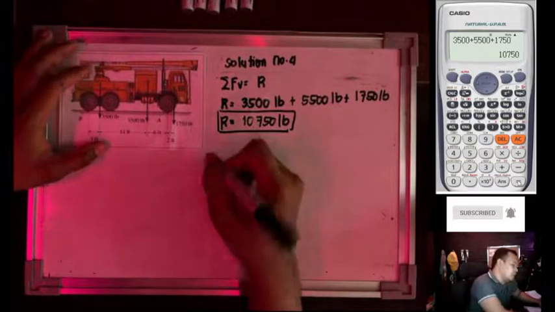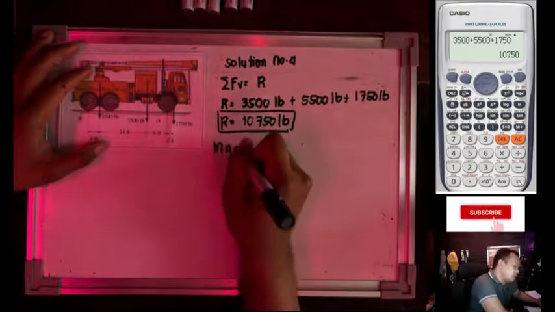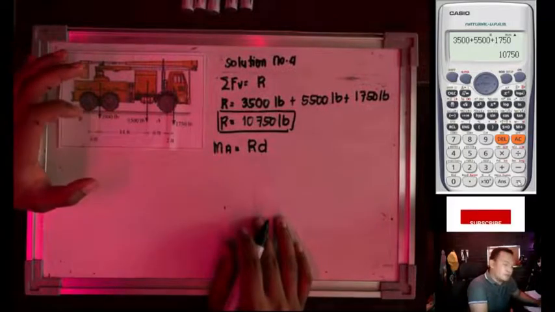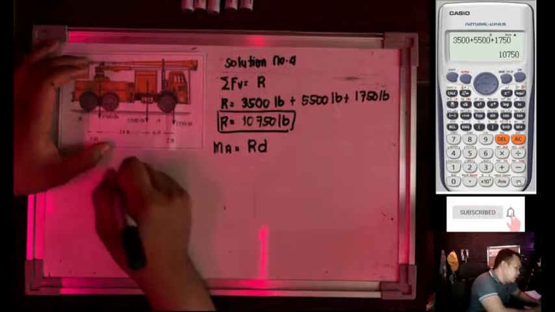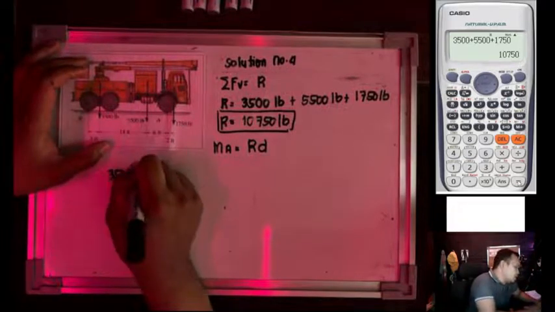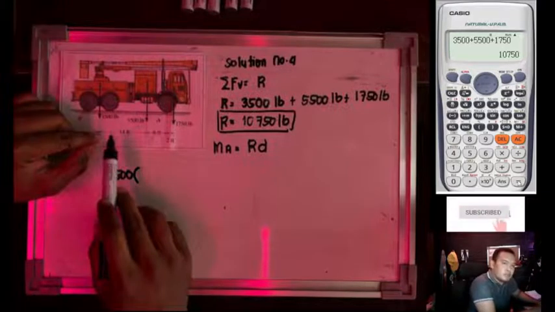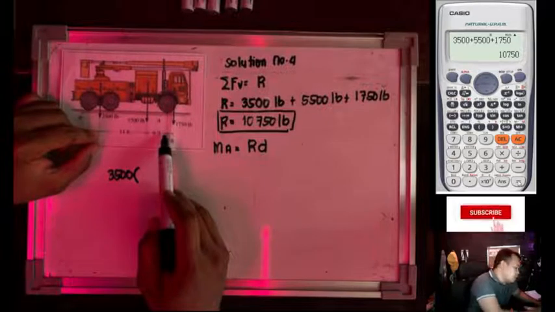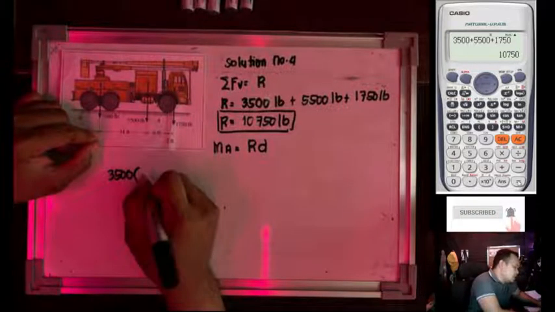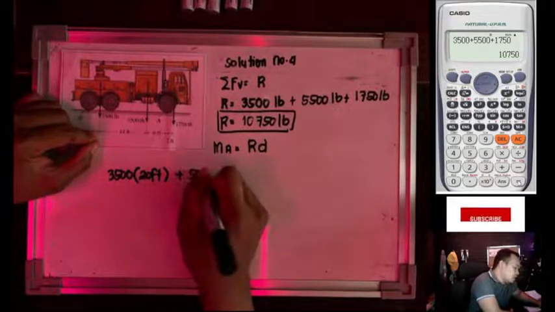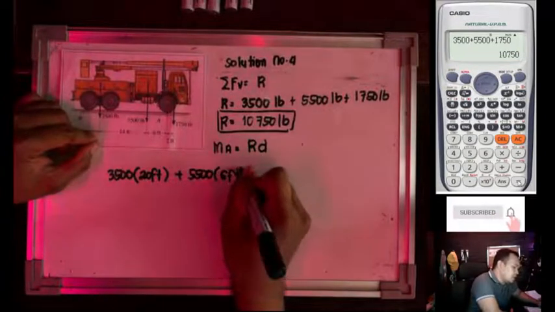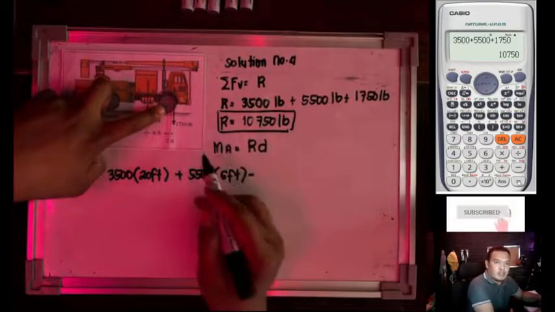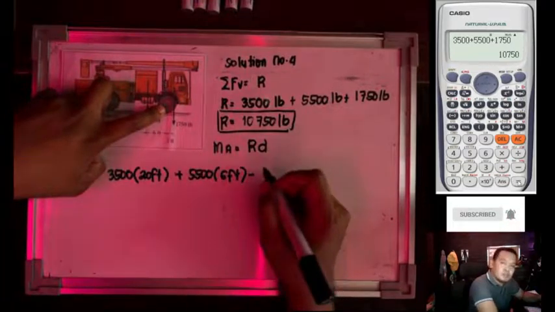So, moment at A is equivalent kay R times D. So, lahat ng forces pupuntahin natin kay A. So, lalabas, we have here 3,500 multiplied by the distance ng 3,500 papunta dito kay A, is 20 feet. 20 feet plus 5,500 multiplied by 6 feet minus, since sa kabila siya ng A, ang ikot niya ay counter-clockwise, so mag-iiba yung sign niya.